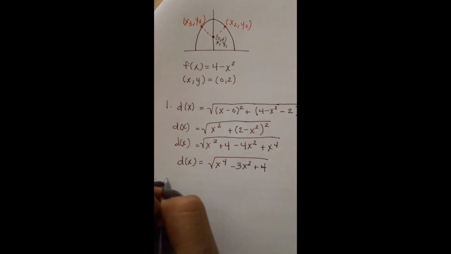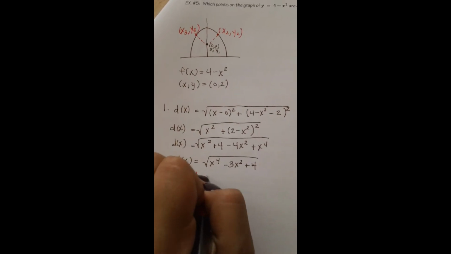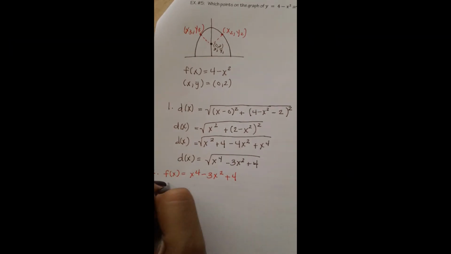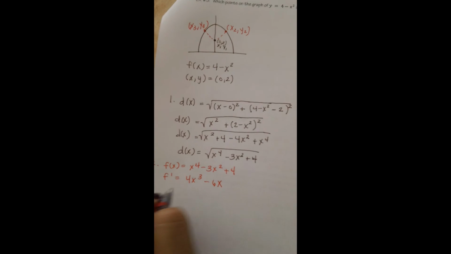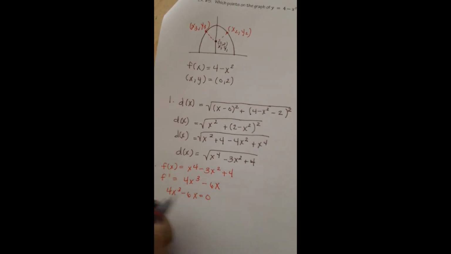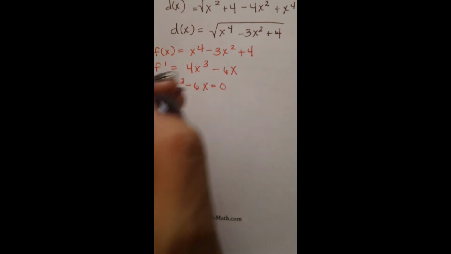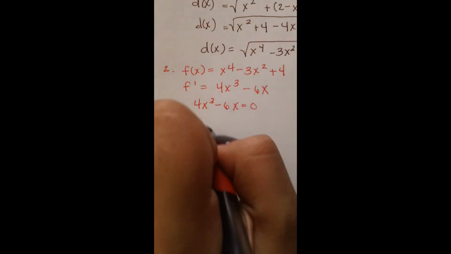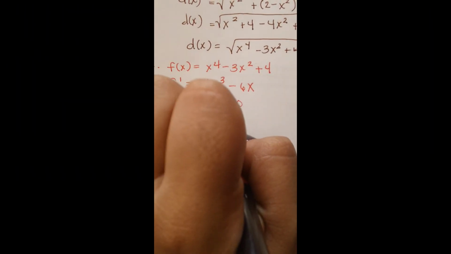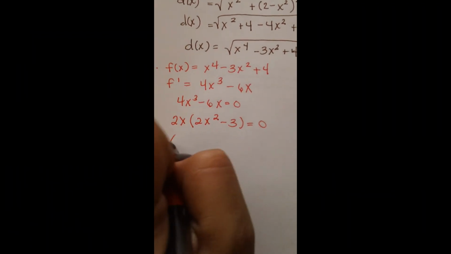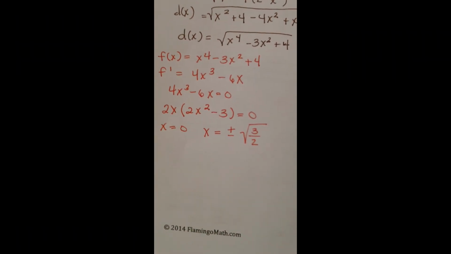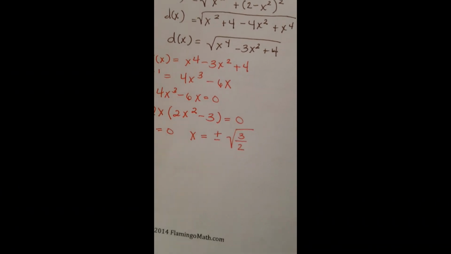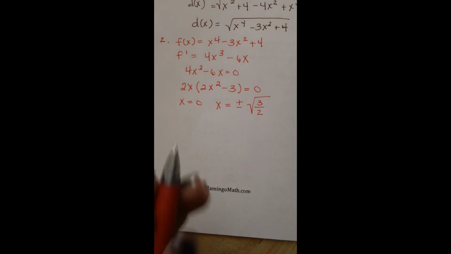And we'll take the inside, find the derivative, set it equal to 0, create our sign chart for these three values.